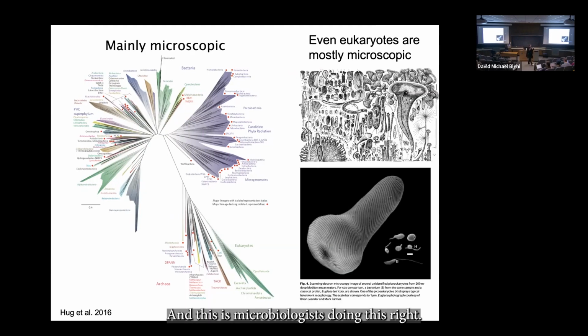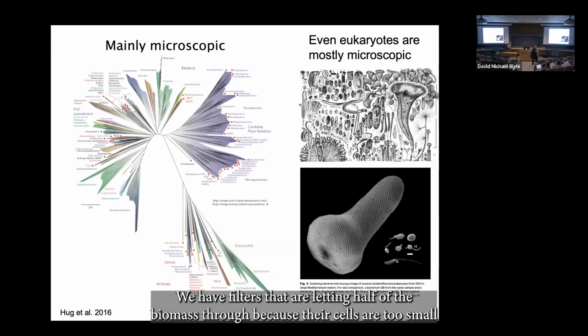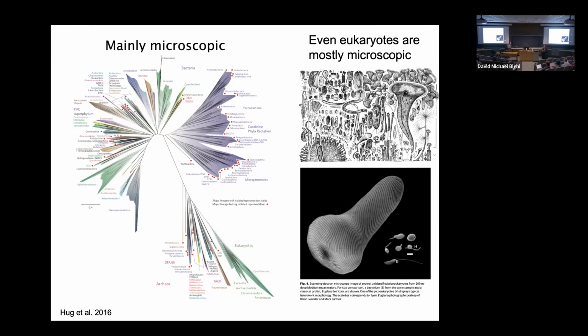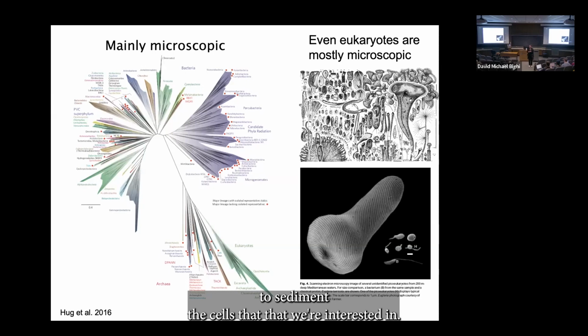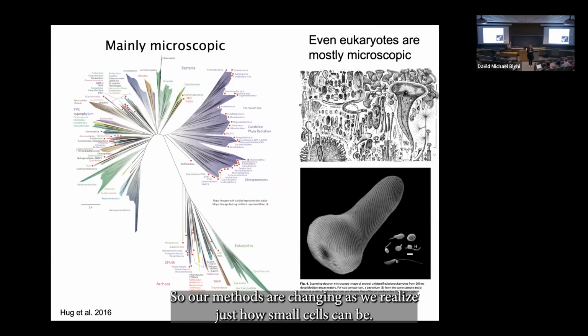And this is microbiologists doing this, right? We have filters that are letting half of the biomass through because the cells are too small, or we have centrifugation protocols that are not long enough or high enough in Gs to sediment the cells that we're interested in. So our methods are changing as we realize just how small cells can be.